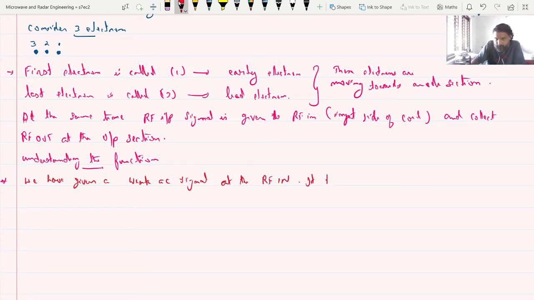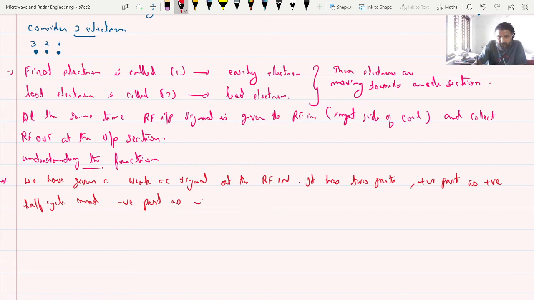It has two parts, what is called the positive part, the positive half cycle, and the negative part, the negative half cycle. Clear?